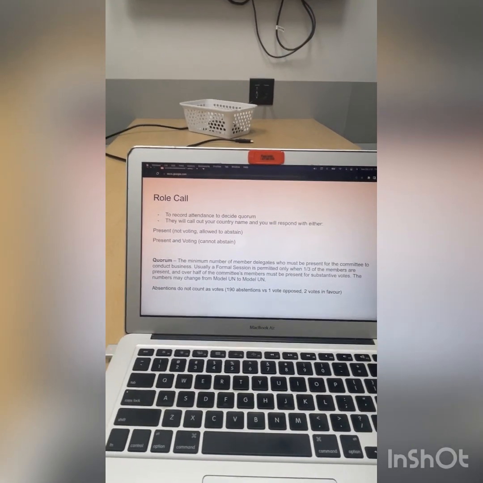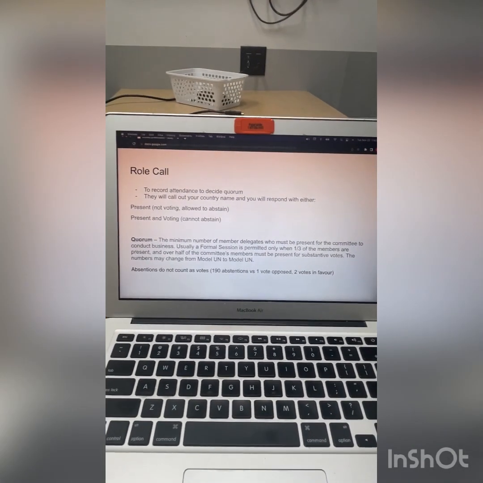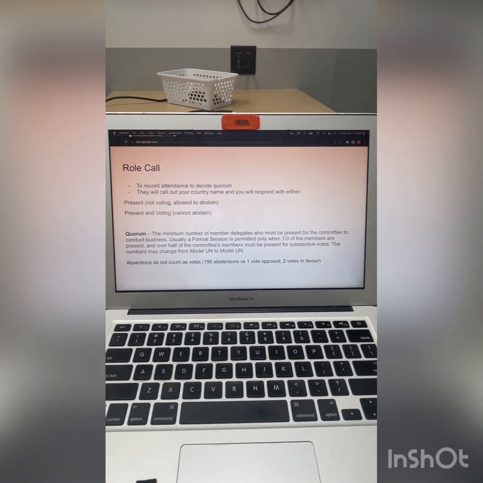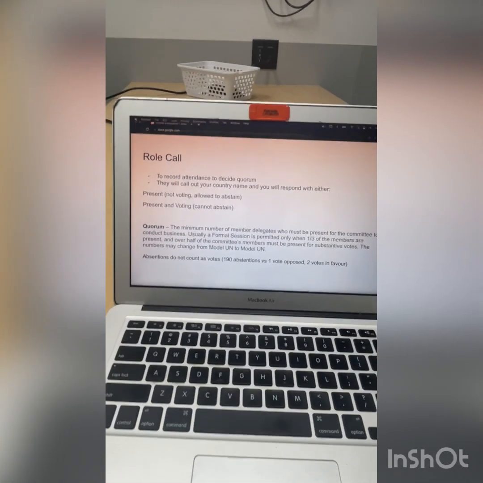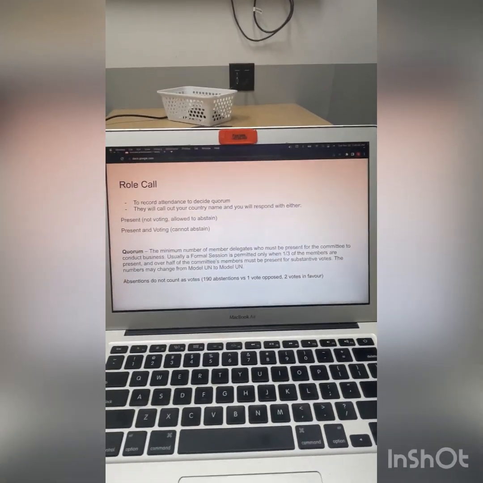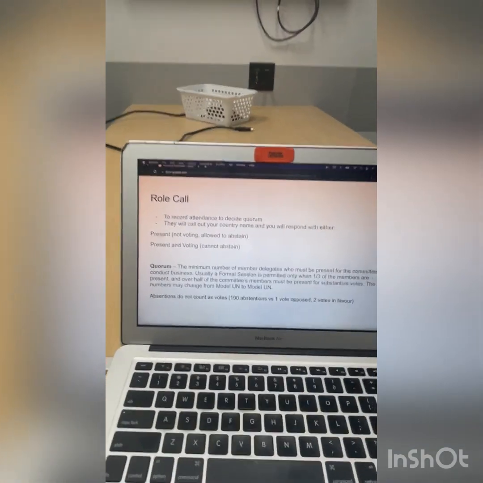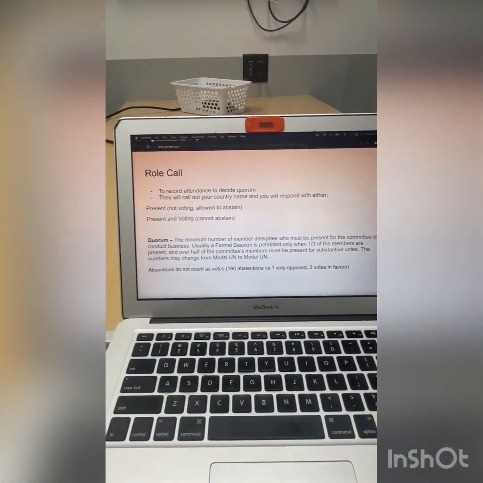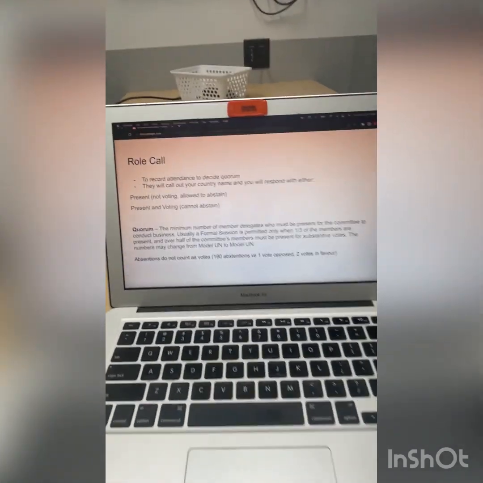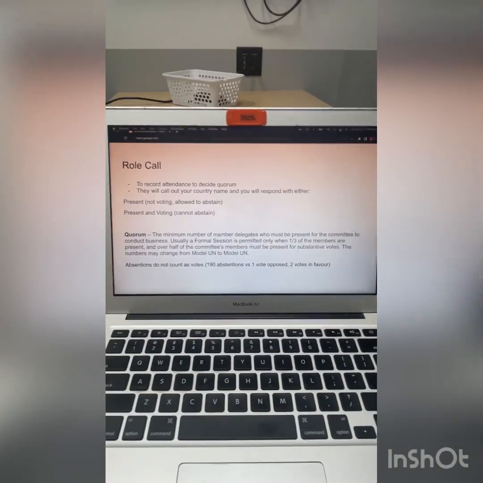If you have 190 abstentions, 1 vote against the resolution, and 2 votes for the resolution, this vote clearly passes because 2 people voted in favor and only one against. Even though 190 of them abstained, they do not count as votes.